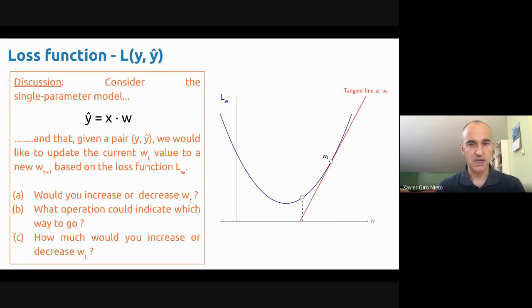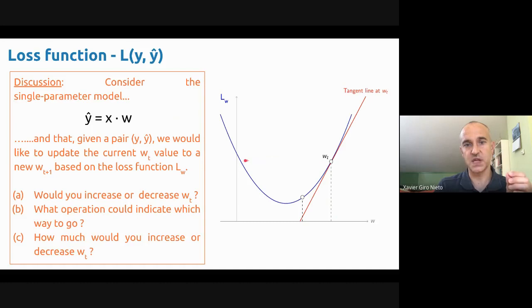In particular, let's assume a very, very simple system, even simpler than a linear regression. Imagine that we want to minimize a loss function, L(W), and we only have one parameter to estimate, this W, and we use an L2 loss function. For a certain value of our parameter, we get a loss value.